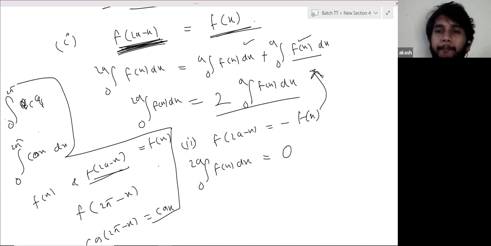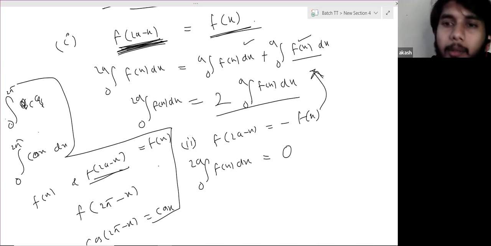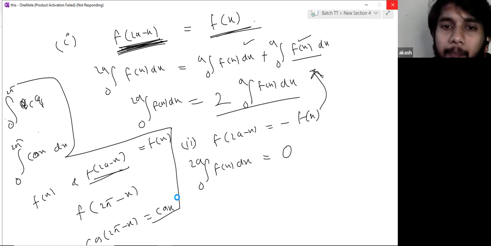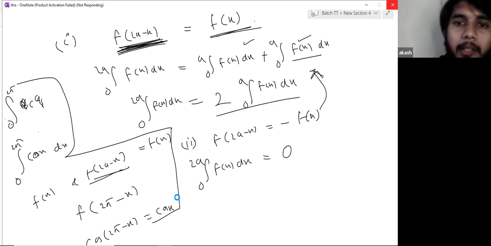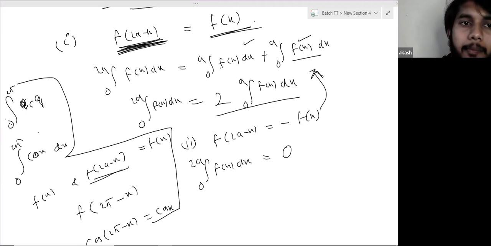All right. Note it down. I'll give you an example. Then you'll be absolutely clear about this. Just write these two notes down.